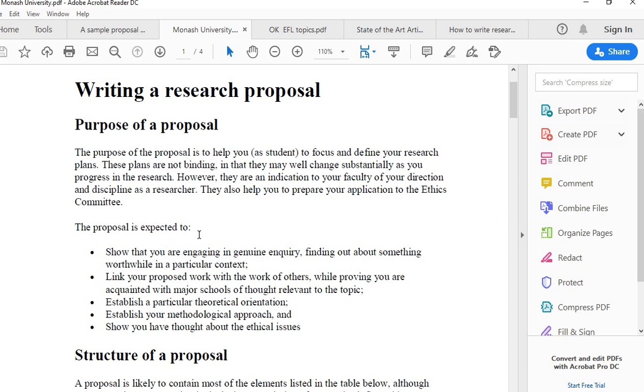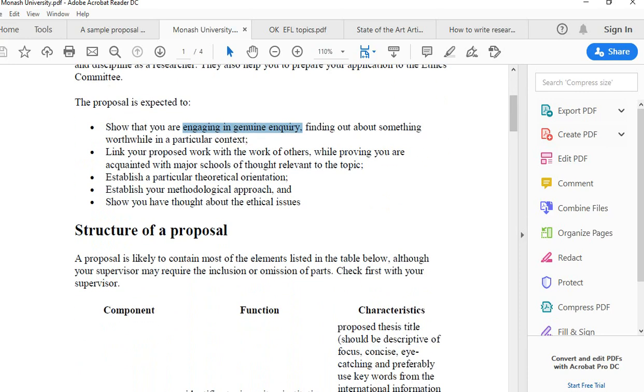The proposal is expected to show that you are engaging in genuine inquiry. Yes, you have to show by your proposal as a student that you are engaging in genuine research. You're doing genuine and real research, finding out about something worthwhile in a particular context.